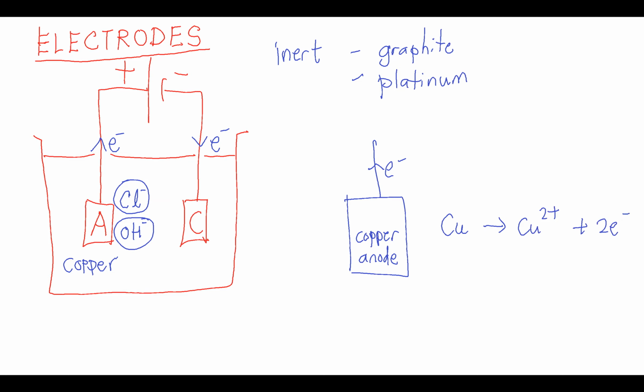In this case, the copper will gradually get dissolved into the solution. The copper anode will get smaller and smaller, and you will find the solution becoming more and more blue as more copper ions enter the solution.